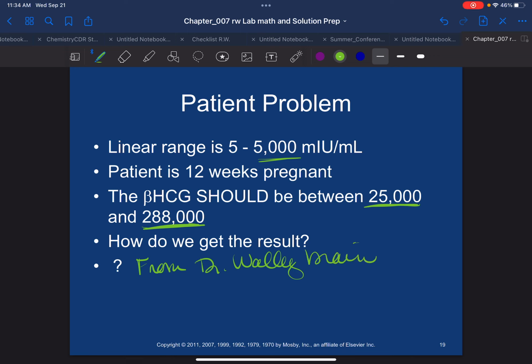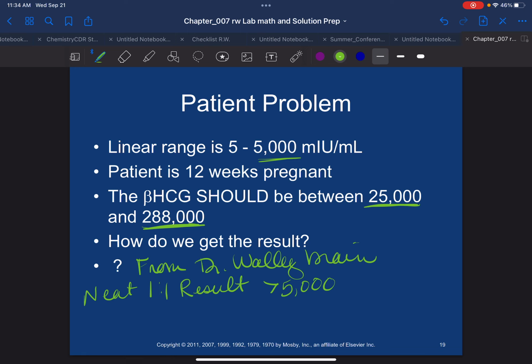Let's say the initial result with the one-to-one, neat patient sample, the machine told us greater than 5,000. So let's say we wanted to do a 1 to 10. How would we do this?